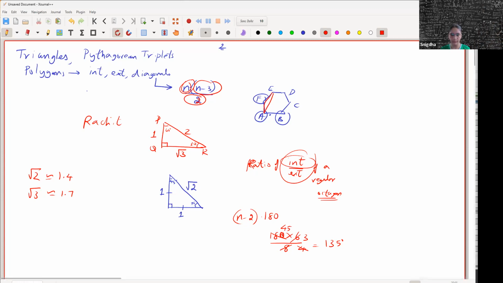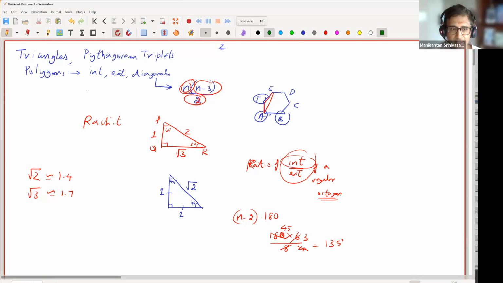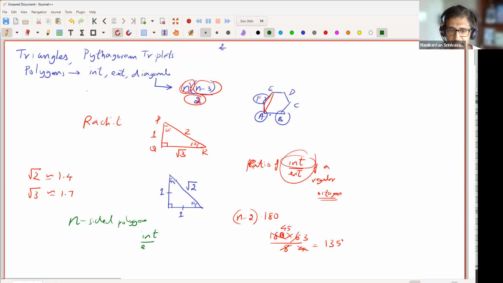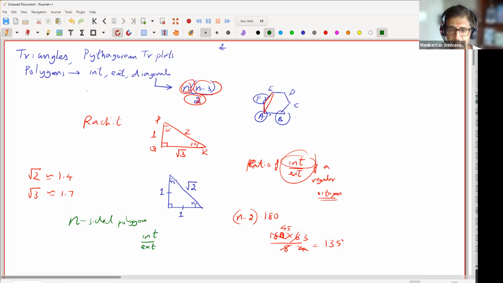Okay, so you have to find n, right? In an n-sided polygon, I'm saying the ratio of the internal angle to the external angle is 11. Find the number of sides of this polygon.